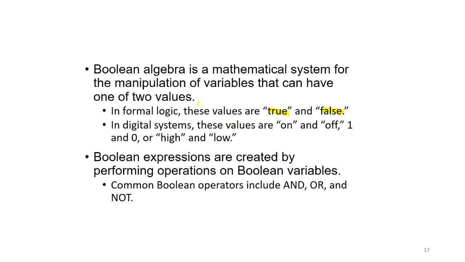In digital systems, these values are on and off, 1 and 0, or high and low. Boolean expressions are created by performing operations on Boolean variables. Common Boolean operators include AND, OR, and NOT.